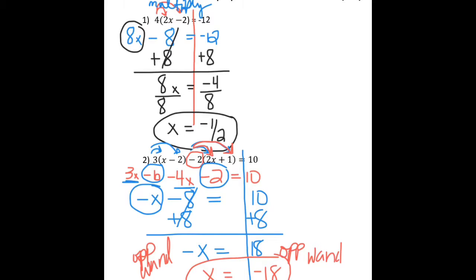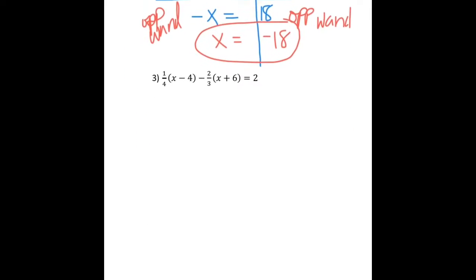All right. I think we have 1 or 2 more examples here. So let's look at our second example, number 3. I'm going to draw my river, and I'm going to identify the distributive property that needs to take place here. I have to distribute both times.